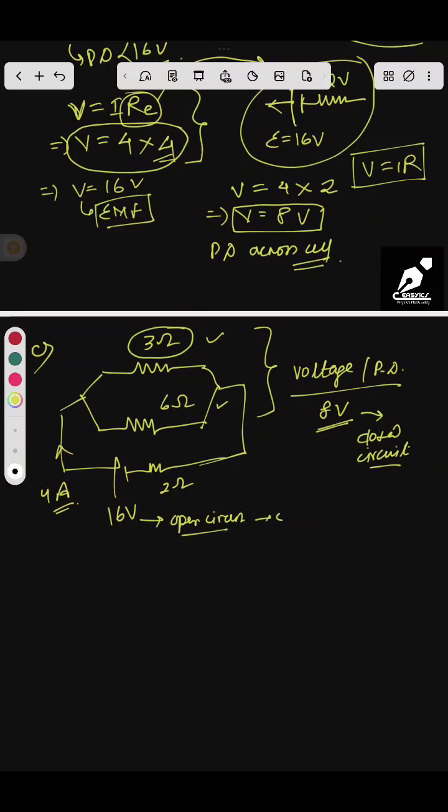That is the EMF. That is the potential difference, right? So both this 3 ohm and 6 ohm resistors get a voltage of 8 volt and not 16 volt. 16 volt is the capacity of the battery. 8 volt it actually supplies. The remaining 8 volt is consumed by the current when it crosses the battery, already discussed.